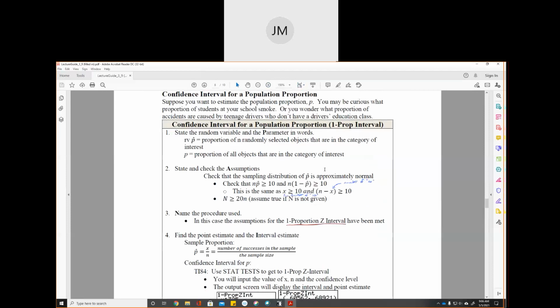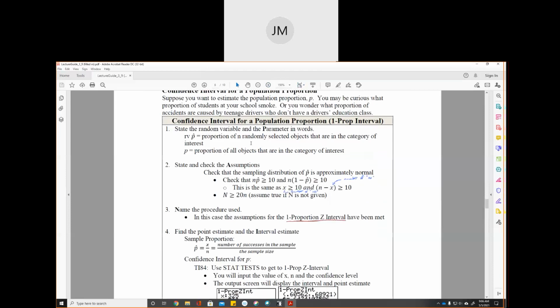And this is where we were summarizing our information for how to go through computing a confidence interval. And the second step was checking the assumptions. We had to check that N times P is bigger than 10, and N times 1 minus P is bigger than 10.